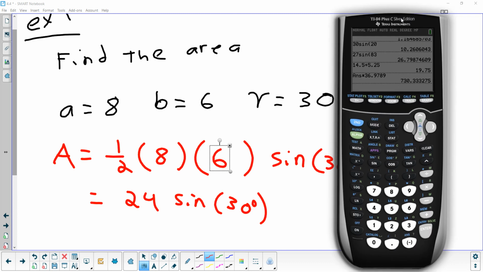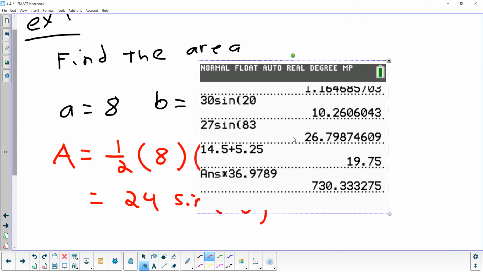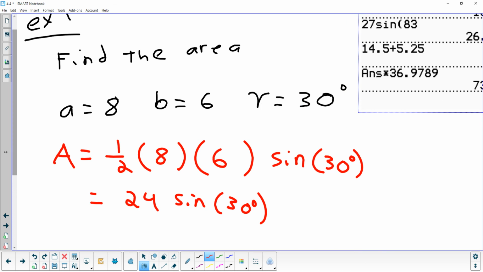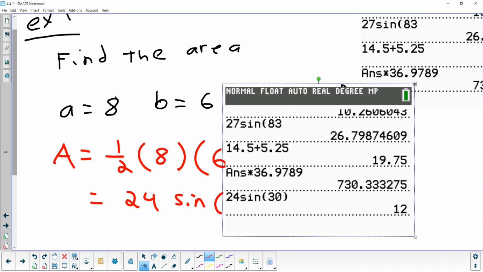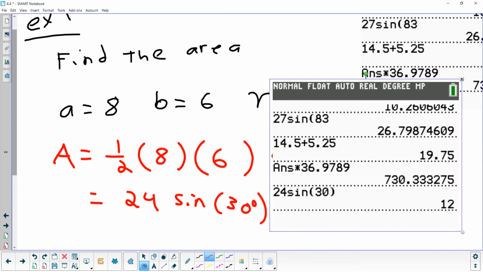Okay, so I can see on my calculator I'm already in degrees, so I'm okay. Every area problem that gives you an angle will be in degrees this week, and on the homework and on the test. All right, so keep it in degrees and type in 24 sine 30. Hit enter, and we get an answer of 12.